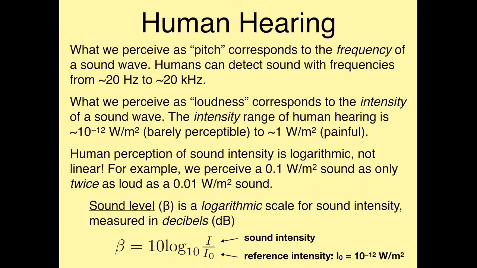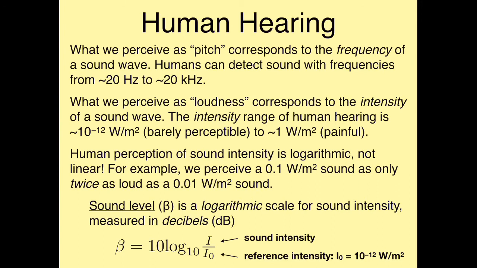A high-frequency sound wave sounds high-pitched, it sounds like it has a lot of treble in it. That's kind of the difference between high and low frequencies. And as humans, our ears can detect sound with frequencies in a certain range. We can't hear every single frequency. We can only hear sounds that are between 20 hertz on the low end and about 20 kilohertz on the high end. We can hear in that range, but not outside of it.